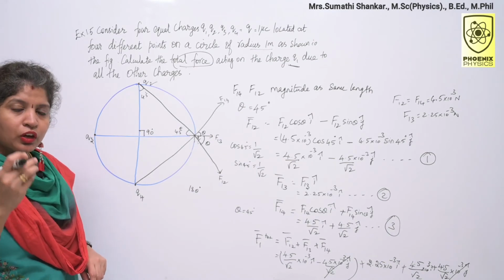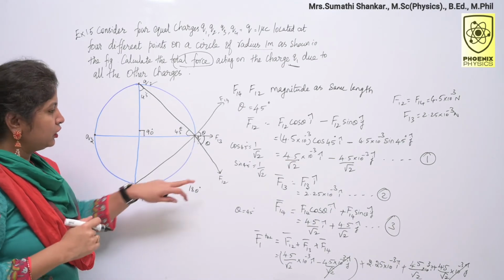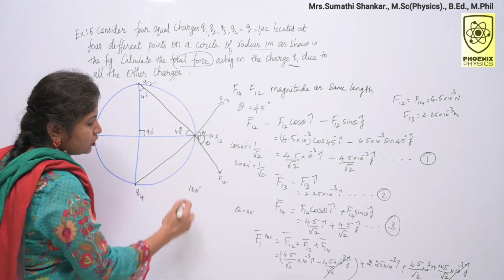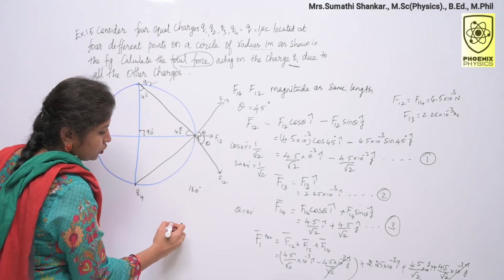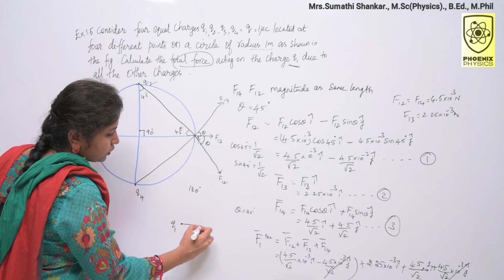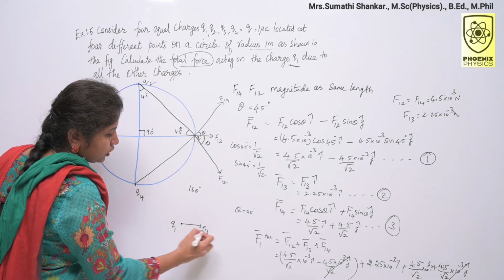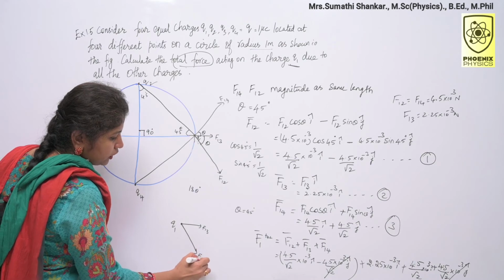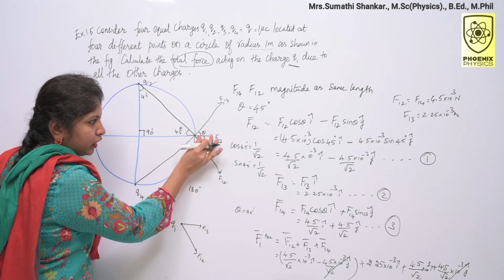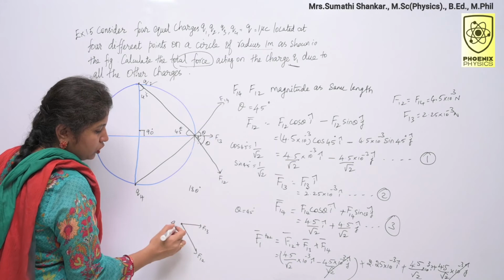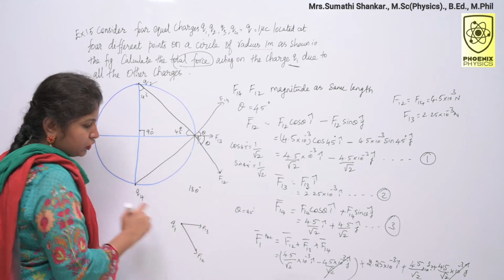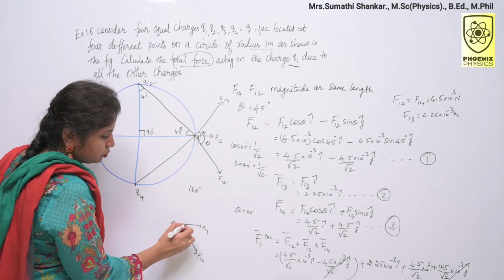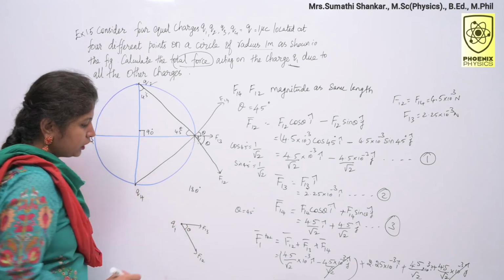Next step, we are going to find out the direction. First, I am considering this F12 force. So this is my charge Q1, this is the F13 force and this is F12, right? I have drawn this portion alone. This F12 makes an angle theta with F13.